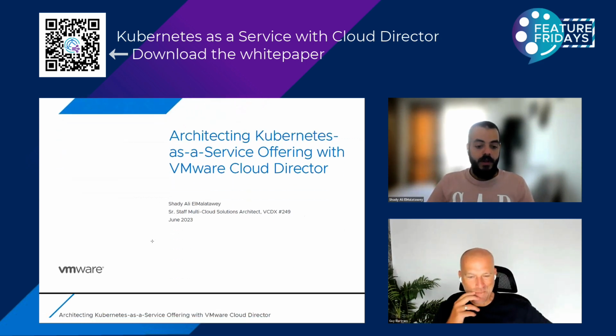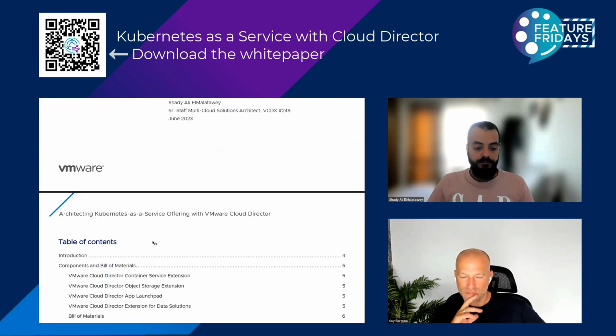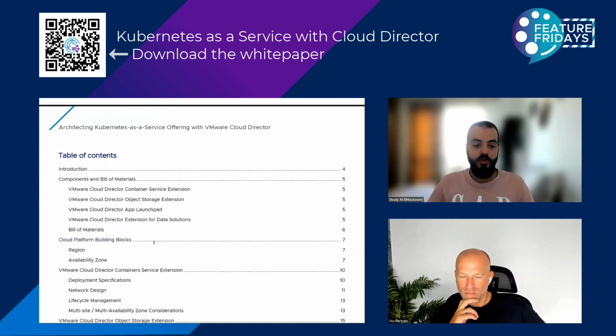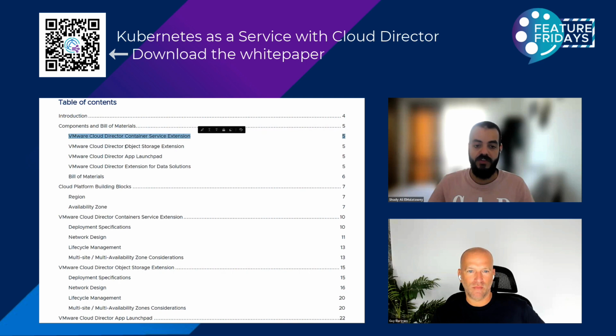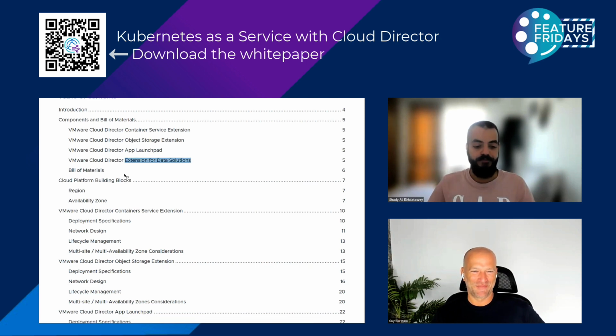So let me quickly walk you through first the table of contents here. As I said, I'm covering the main 4 products: container service extension, object storage extension, App Launchpad, and the data solution extensions, or the long name, VMware Cloud Director extension for data solutions, right? Yeah.